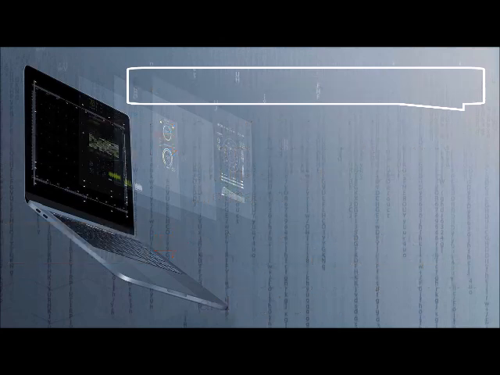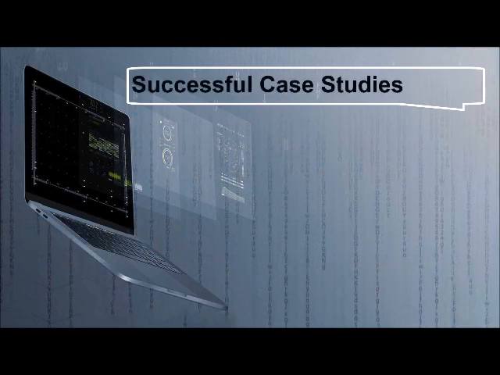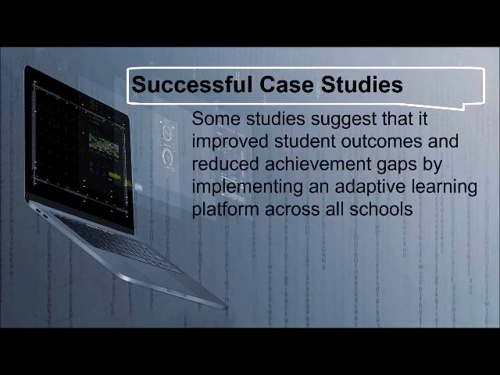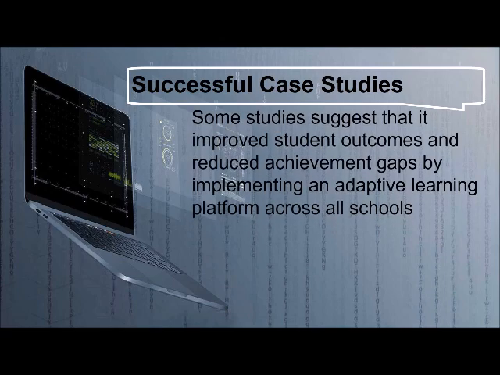So, are there any successful case studies regarding the use of adaptive learning technologies? The answer is yes. Some studies suggest that it improves student outcomes and reduces achievement gaps by implementing adaptive learning platforms across all schools.